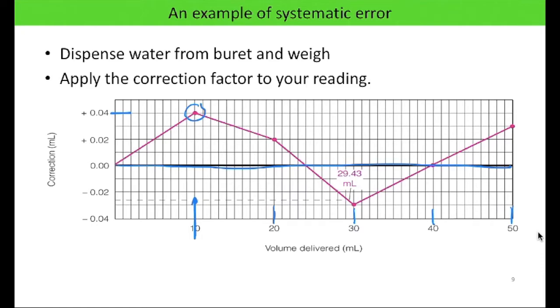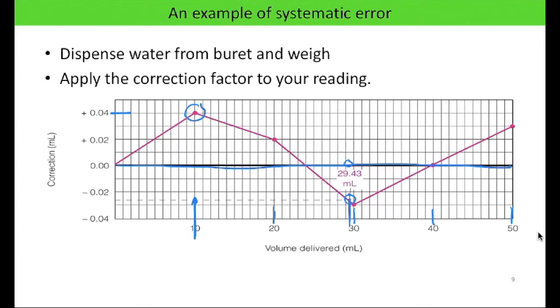So if we were to run this experiment, determine that there's a little bit of error in the burette measurement, what we could do is apply a correction factor based on this graph. So if we were to measure a specific volume, which would end up being, say, right here, okay, we would think we would measure this volume on the line, but we actually measure this volume here based on the mass.